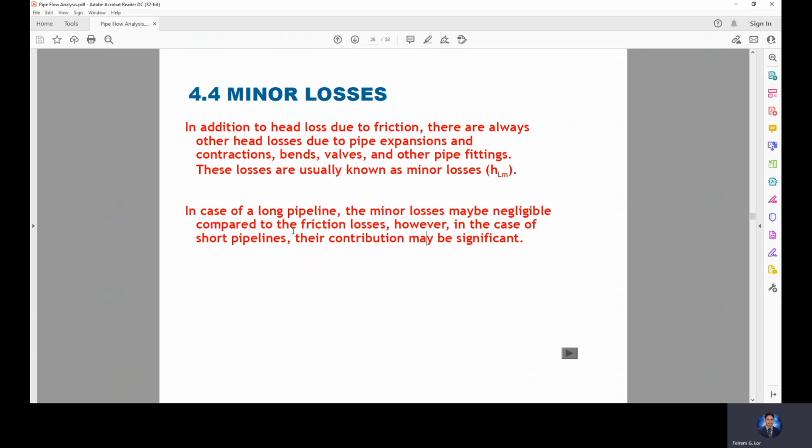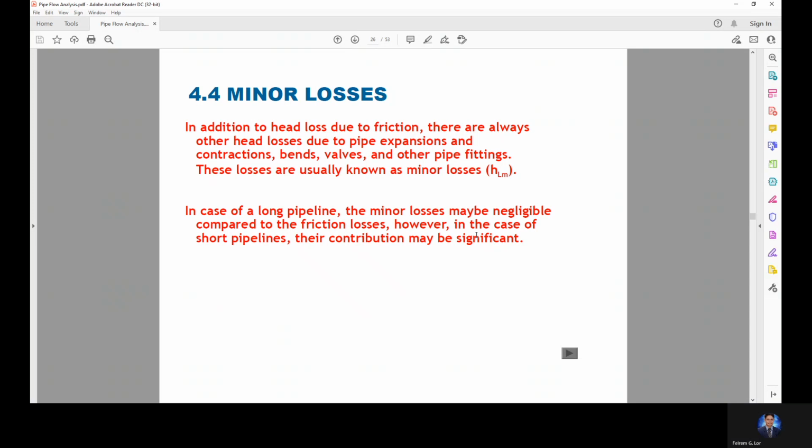However, in the case of short pipelines with many bends, especially short pipelines like those in households, in your house, right, in your, what is your subject? Engineering Utilities, right? You design a pipe in a residential building, and your pipe has many turns.